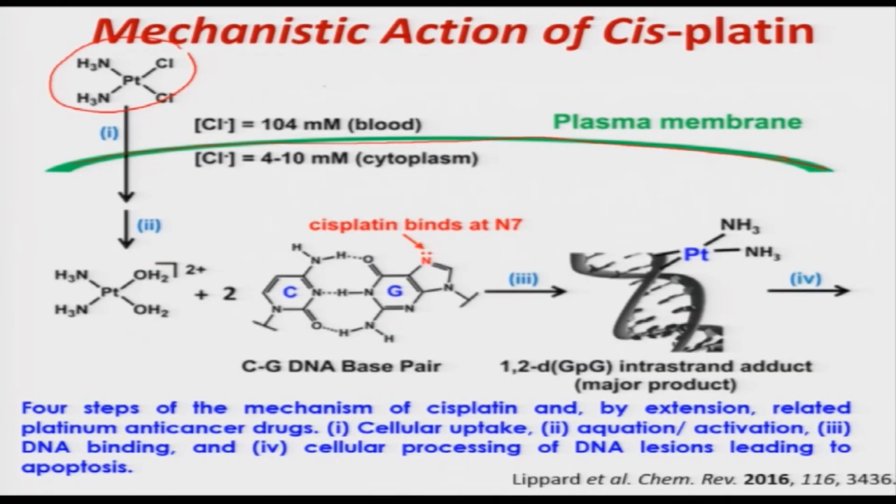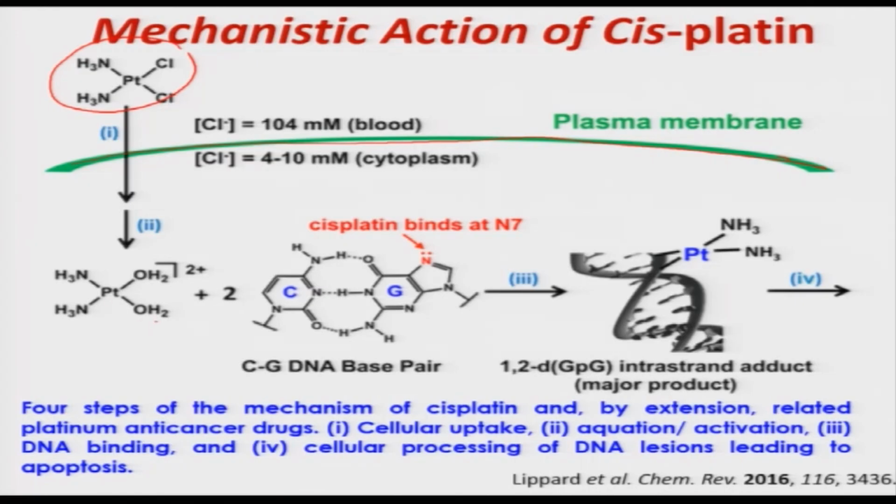hydrolyze in the blood? Because it has been found that the chloride concentration is much higher, 104 millimolar chloride in the blood. However, within the cell the chloride concentration is only 4 to 10 millimolar in the cytoplasm, and that indeed helps cisplatin to hydrolyze.